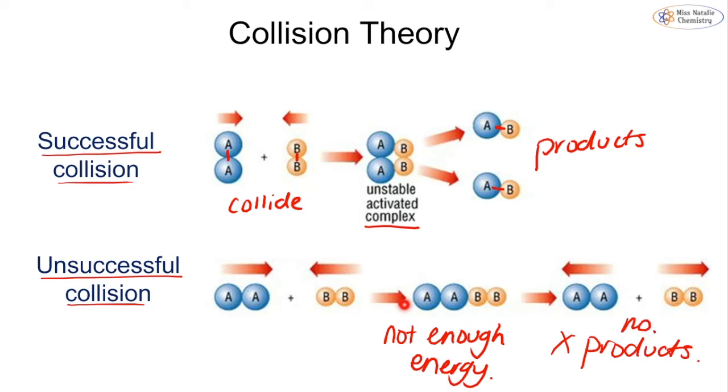Okay, so we haven't got a chemical reaction happening in this particular collision. Now, when we're discussing rates of reaction, this phrase is one of the most important phrases that you will have to use. If you're explaining a rate of reaction, or you're talking about anything to do with collisions or anything to do with rates, you should be mentioning successful collisions.